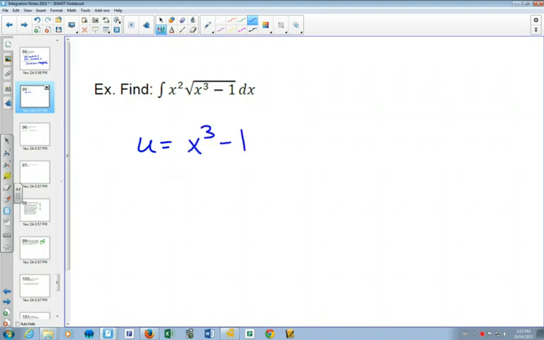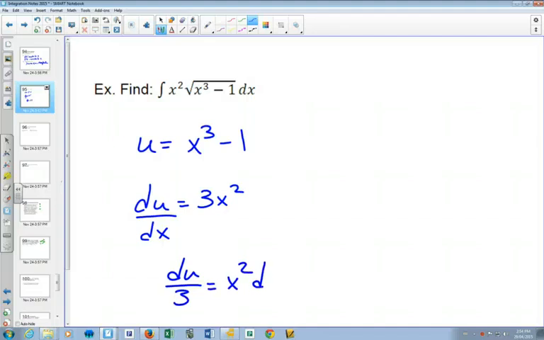So that's the first thing. We want to make it x cubed minus 1, not just x cubed, because we want to take the entire function that's inside of another function. That will give us that du dx is 3x squared, and then dividing by 3 will give us what x squared dx is.